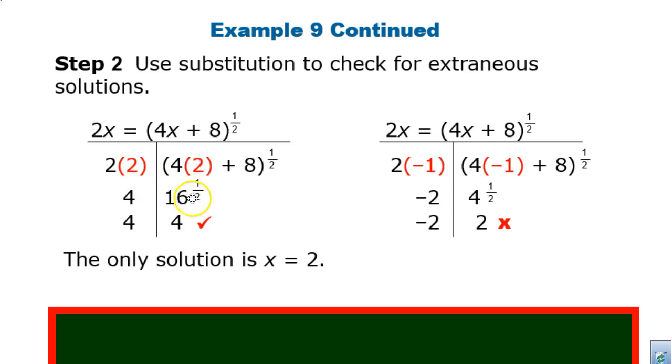Remember, this is like 16 to the 1/2, which you can use your calculator for, but it's the same thing as the square root of 16, which is 4. It works. When I plugged in -1, though, I ended up with -2 equals +2. That is an extraneous solution. Extraneous solutions are not counted. They don't work. So the only one that's going to work is the +2. That's the only thing that we plugged in that gave us something good.